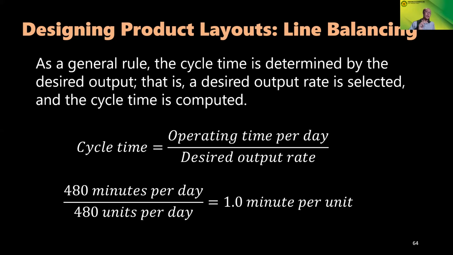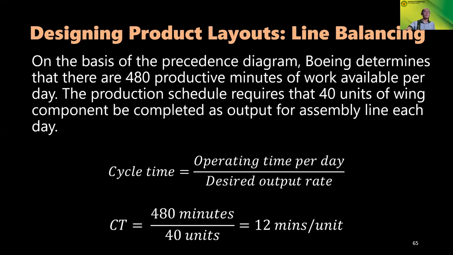So if there are 8 hours available time a day, that would be 480 minutes per day. And if the desired output rate is 480 units per day, therefore, cycle time in this operation is 1 minute per unit.